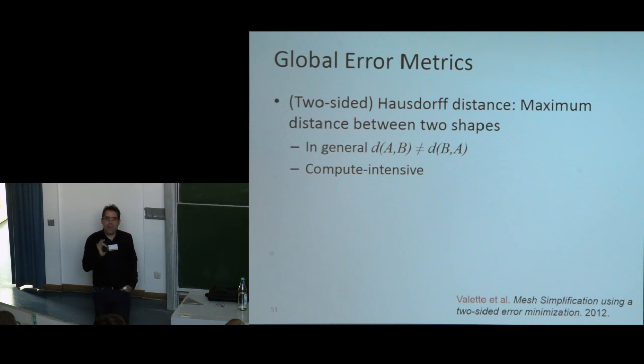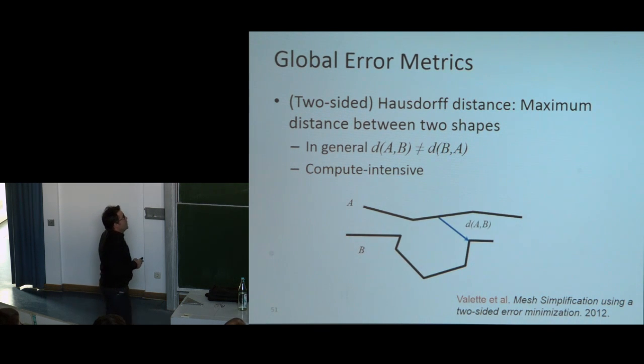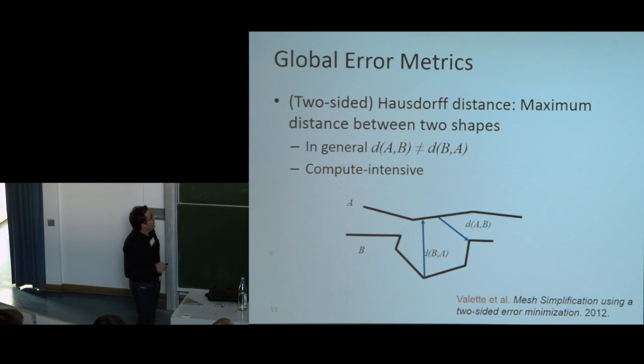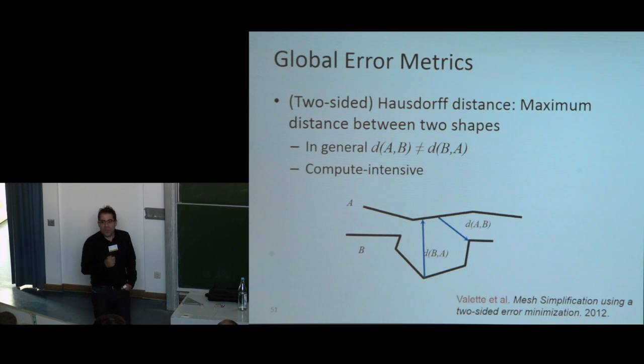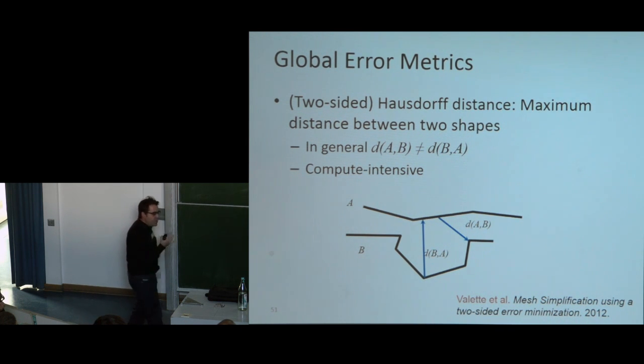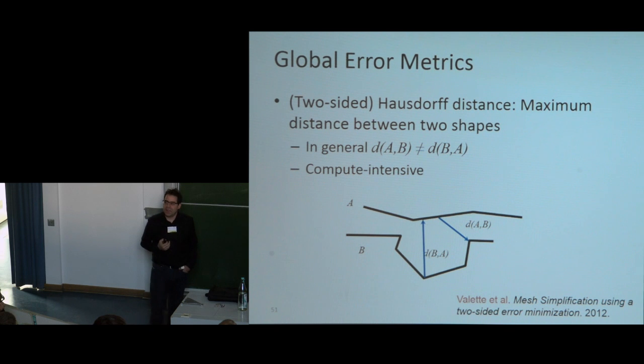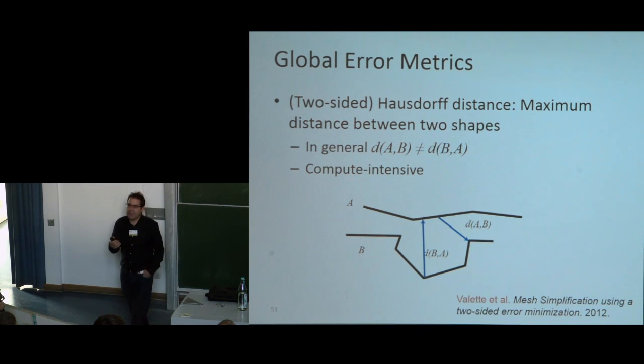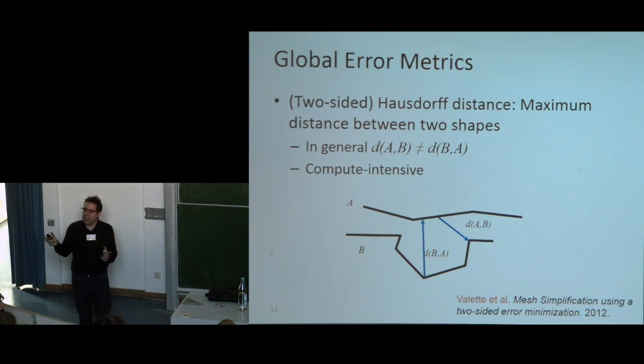It's often very compute intensive to compute. So this is, for instance, the maximum distance from A to B, and the distance from B to A. In general, they are different. The main added value of using a symmetric metric is that it will typically better preserve the boundaries of the mesh.